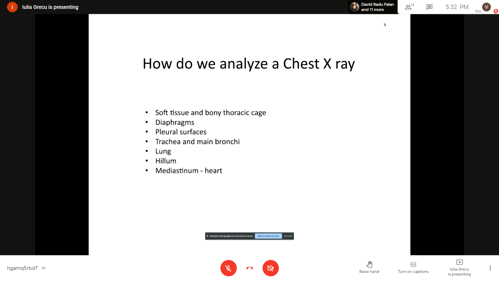Then, if we go a little bit deeper, we find the trachea and main bronchi with its divisions into smaller and smaller bronchi, which form the lungs.